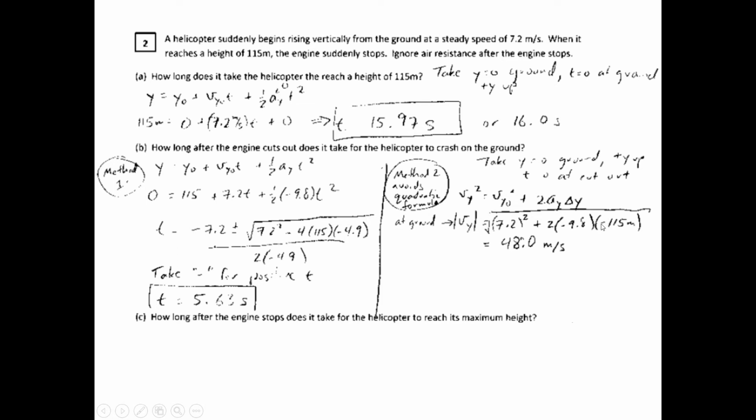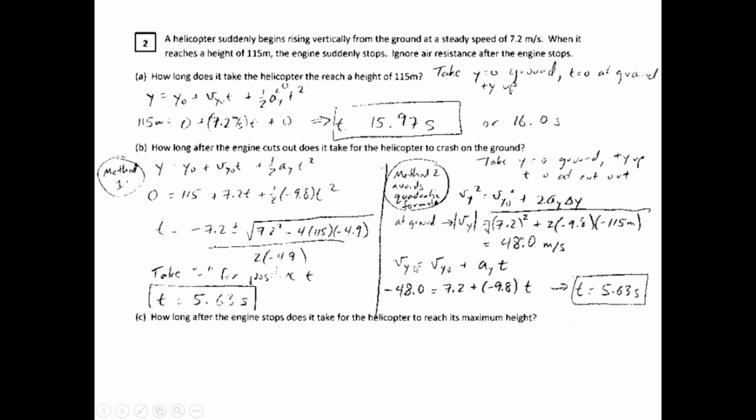Otherwise, you might be taking the square root of a negative number. So when I calculate that, I get Vy final, the y velocity right before it smacks into the ground, is 48 meters per second. And Vy would actually be minus 48, because plus y is up.